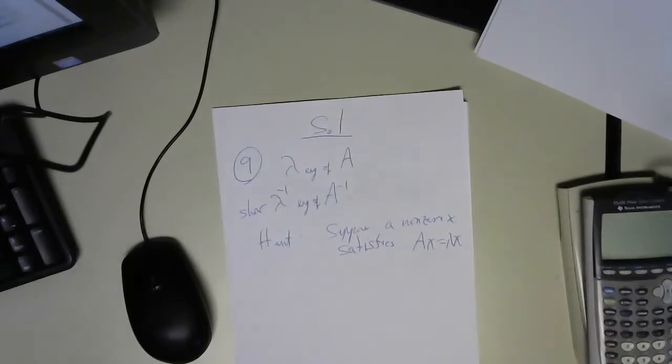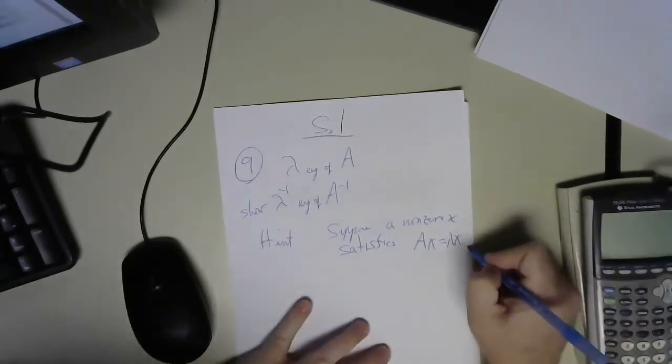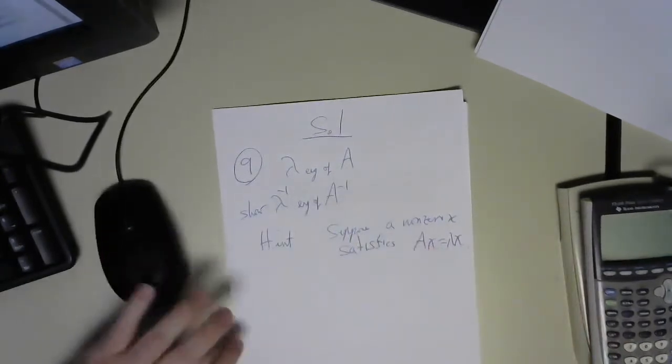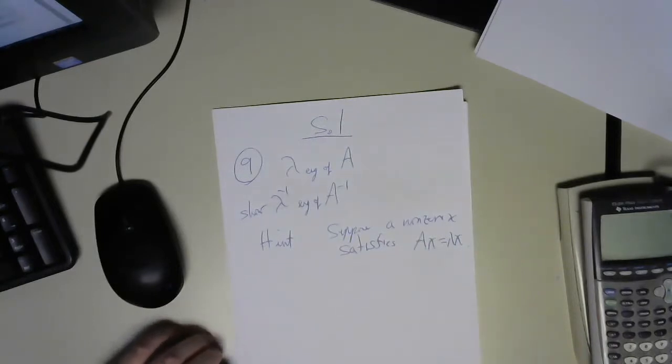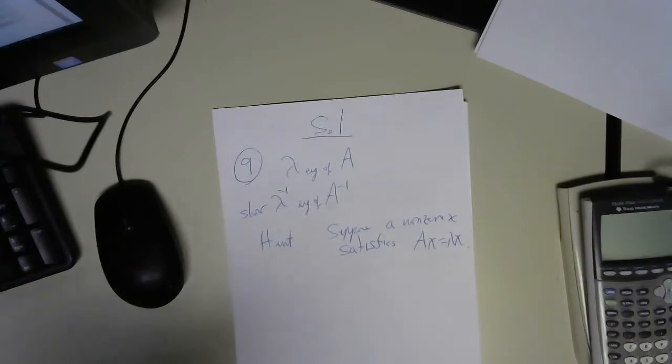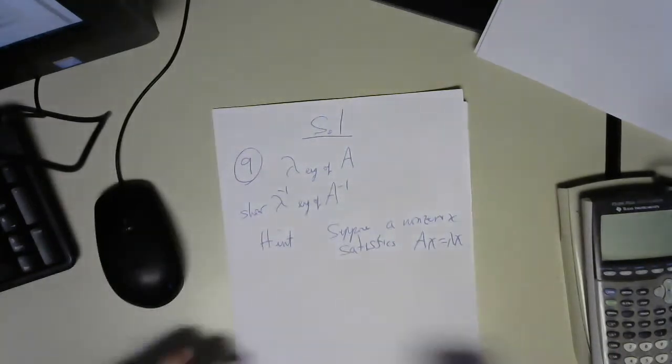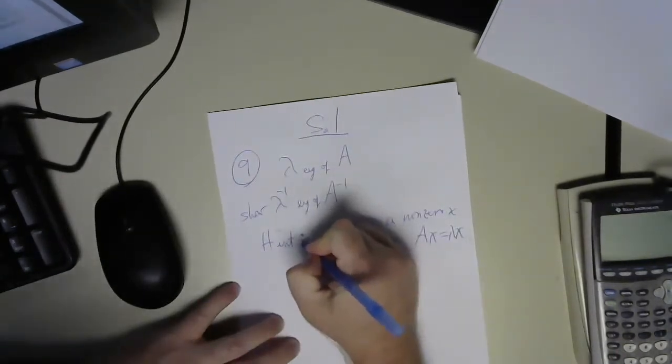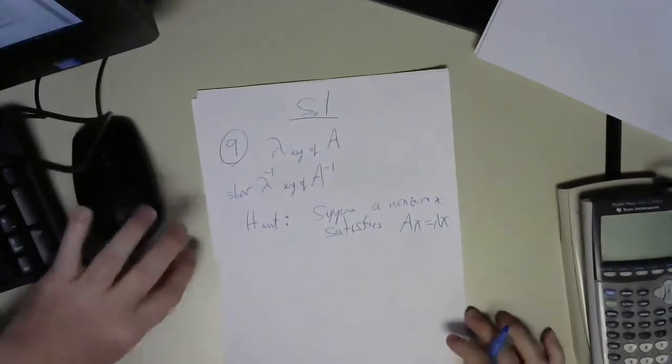Okay? And we can certainly suppose that because by assumption, lambda is an eigenvalue of A. That's really the definition of an eigenvalue. There exists a non-zero x that satisfies that equation. So that's certainly something we can assume or suppose.